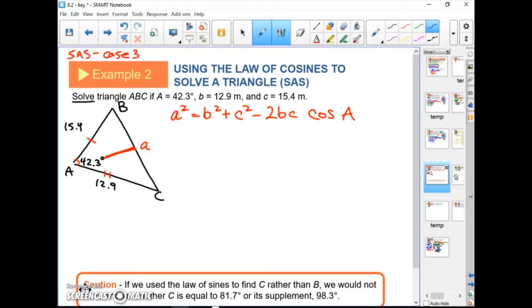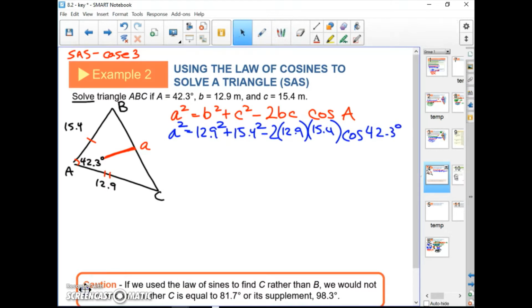So then let's plug in. B is 12.9, C is 15.4, and angle A was 42.3 degrees. So one of the biggest obstacles is, can you type that into your calculator? So let's all practice.